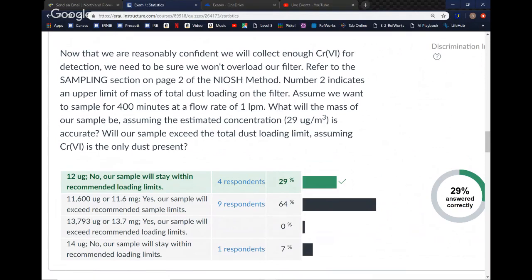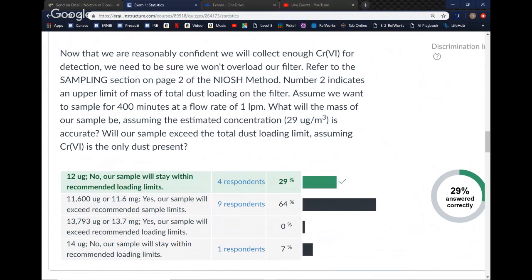So we're reasonably confident that we will collect enough hexavalent chrome to get detection, but we want to make sure we don't overload the filter. Last week, we looked at the method and saw that they said don't collect more than 1 milligram of dust.